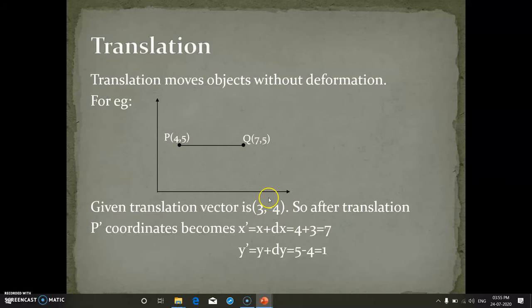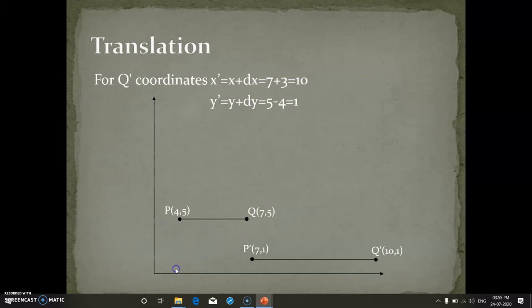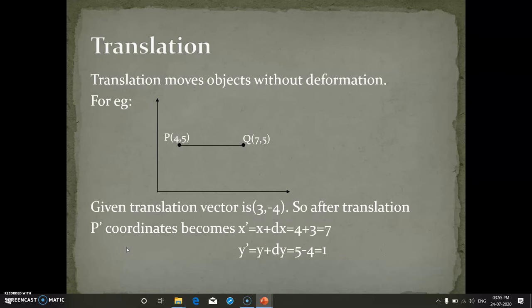Now we can see an example. We have a line as a geometrical shape here with P as 4, 5 and Q as 7, 5. Given the translation vector 3, minus 4, after translation P dash coordinates become: x dash is equal to x plus dx, that is 4 plus 3, which is 7, and y is 5 with the translation vector minus 4, so 5 minus 4, which is 1.